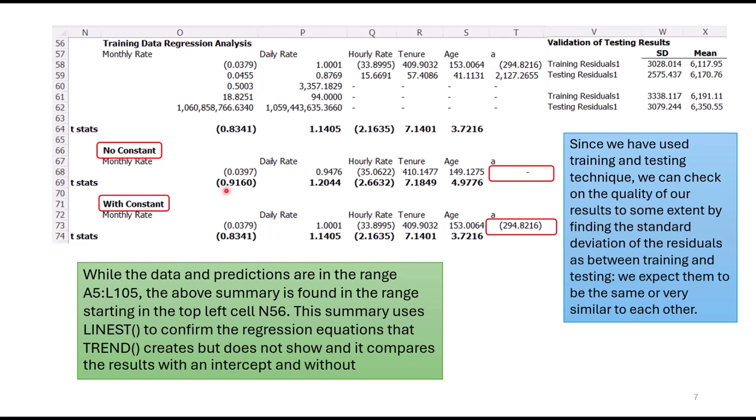The t-statistics, I've calculated them from the no constant version of this, which I don't show here, but you calculate it by dividing the beta coefficient by its standard error. You can see clearly it's this one. What we see here is, how many significant variables do we have in this model?